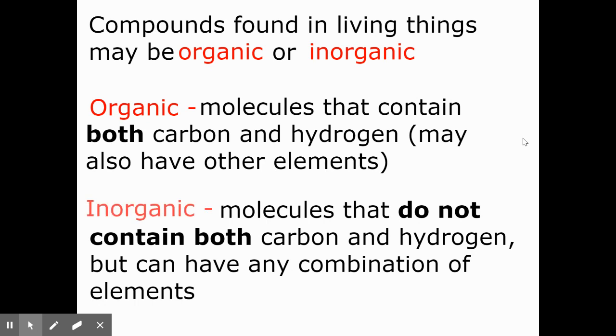If the substance doesn't have both carbon and hydrogen, it can have one or the other or neither, but if it doesn't have both, it's an inorganic substance. Organic has to have both carbon and hydrogen at least. Inorganic can only have one or it can have none of them.